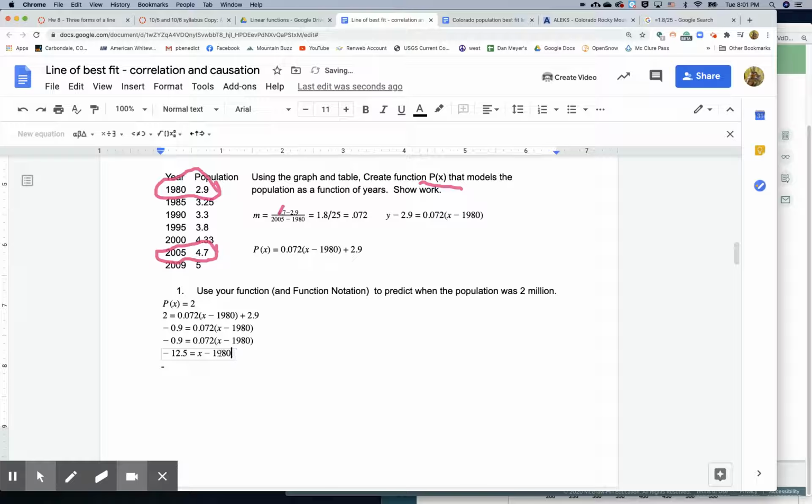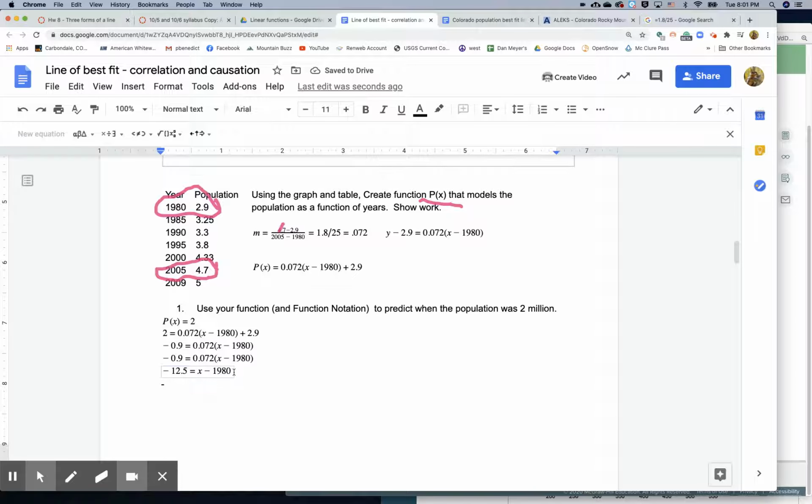And then my last step is going to be to add 1980 to both sides. So if I add 1980 to both sides, I'm going to get 1967.5.